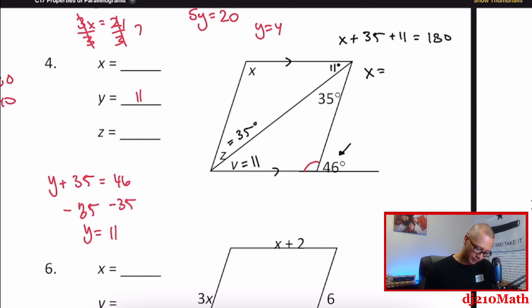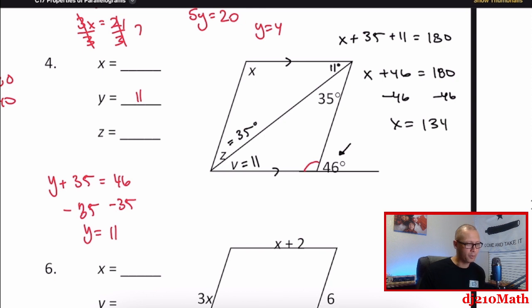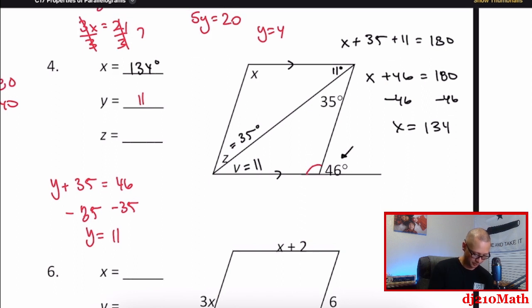So this is going to be 134. X is 134. We probably could have found that out in the very beginning, but you know, it's what it is, and we're there now.